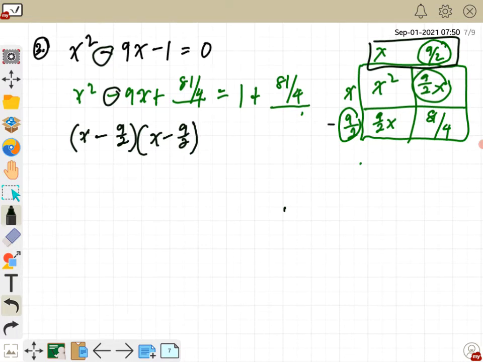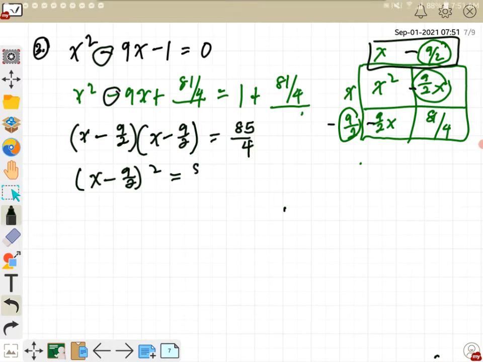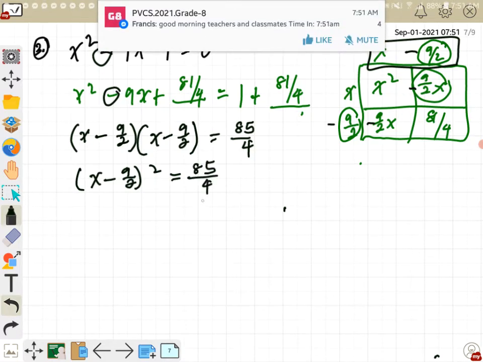So this is actually negative and negative because the sign is negative, equals, that gives us, this one is 85 over 4. So making it a square, we have x minus 9 over 2 squared equals 85 over 4.